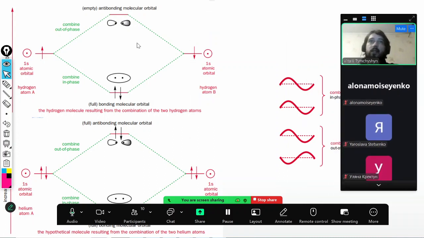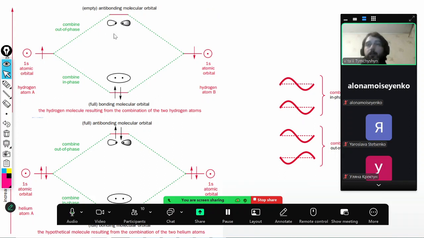And here is an example of combining two hydrogen atoms, where we get two new molecular orbitals. Here is a constructive interference, and this orbital will have some lower energy than the atomic orbitals we started with. And then there is destructive interference, called the anti-bonding molecular orbital.